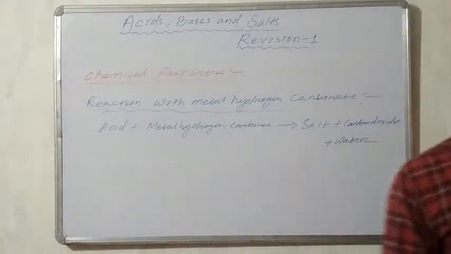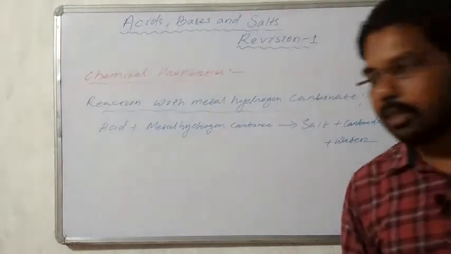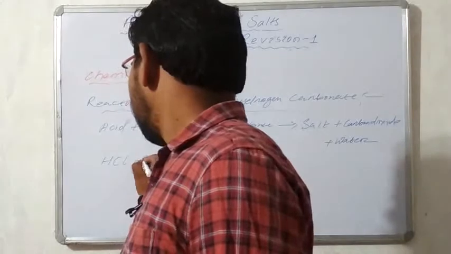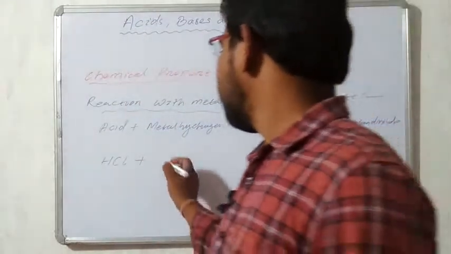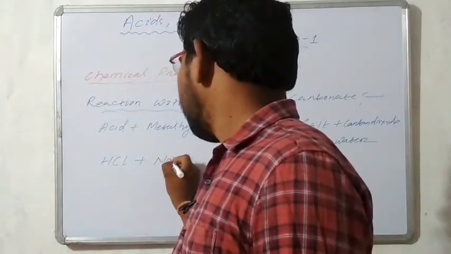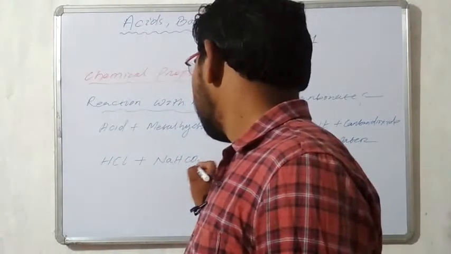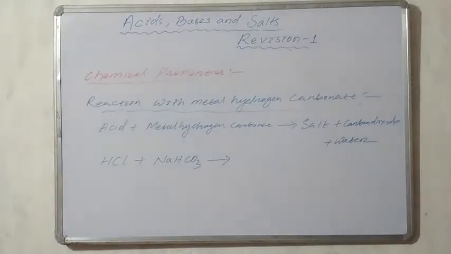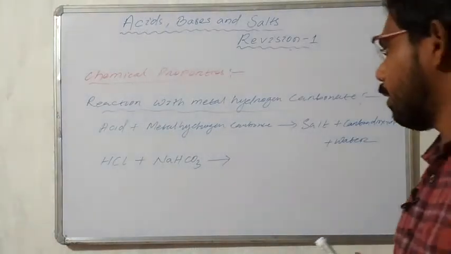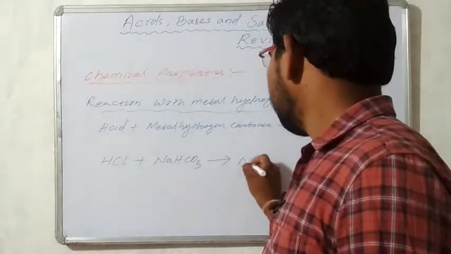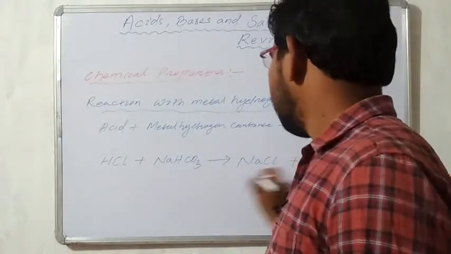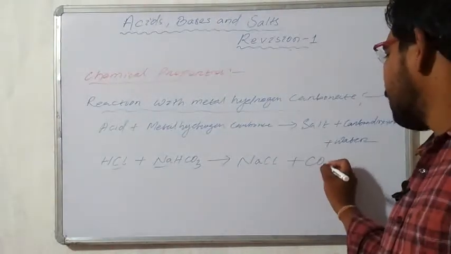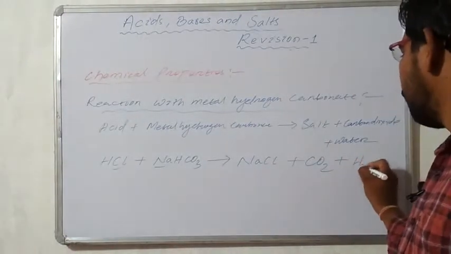One example we have discussed is the acid HCl and a metal hydrogen carbonate, sodium hydrogen carbonate, NaHCO3. Then one salt is formed, NaCl, with Na and Cl, and carbon dioxide gas is also released, CO2, plus H2O.